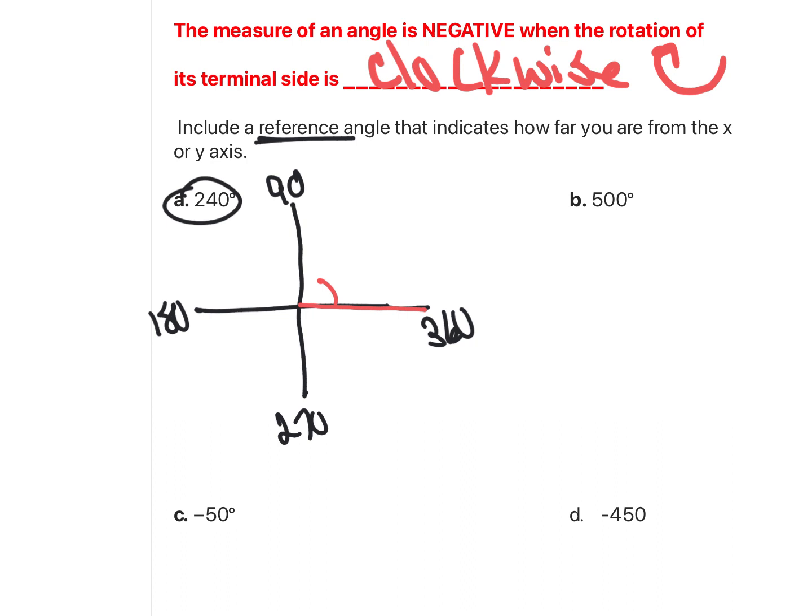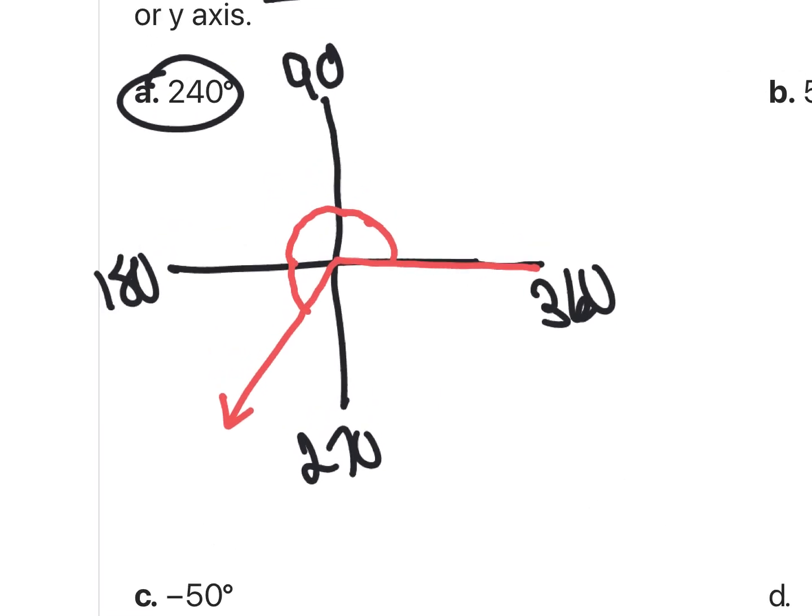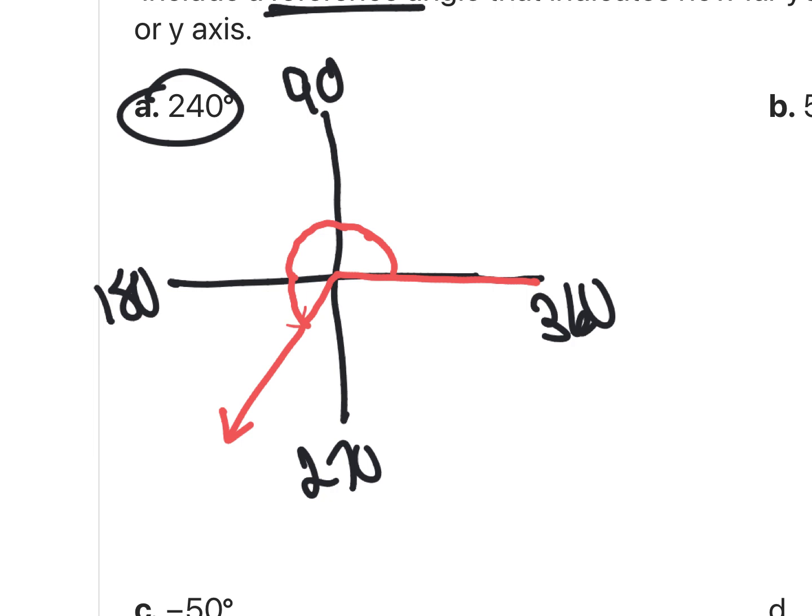So if we are going to sketch our angle at 240, we're going to go past, here's 90. Okay, keep on moving. We're moving past 180. And then we need to stop. We don't want to go all the way to 270. We are going to stop short of 270. And this is where our reference angle will come into play.